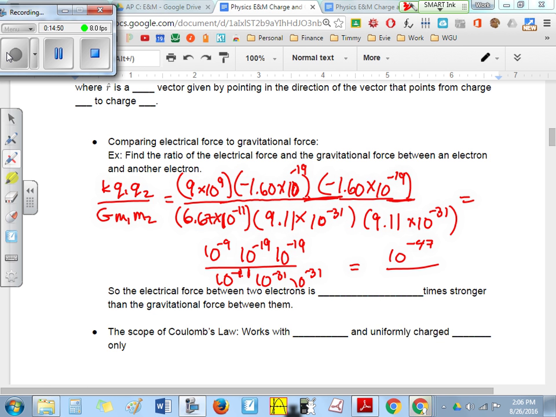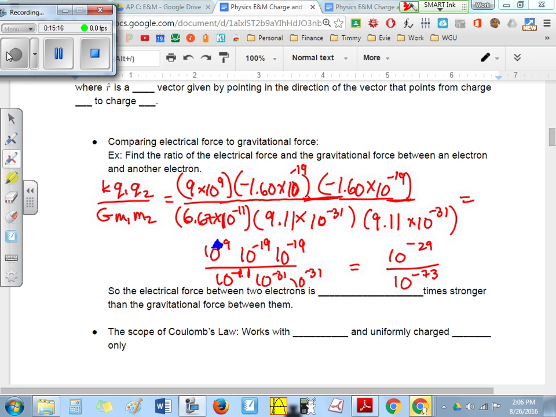That's negative, hold on, oh, this should be a positive 9. Mr. Shore messed up, that's a positive 9. So think of it as positive 9, and you're subtracting 38. So this is 10 to the minus 29, right? Then the bottom is 10 to the minus 11th, 10 to the minus 31st, 10 to the minus 31st. So that's 10 to the minus 73.